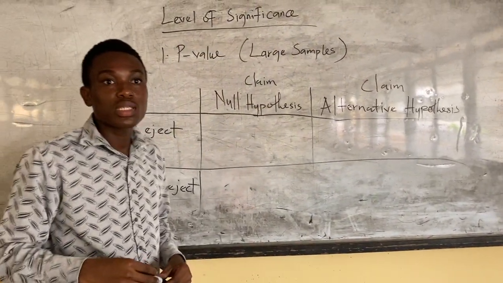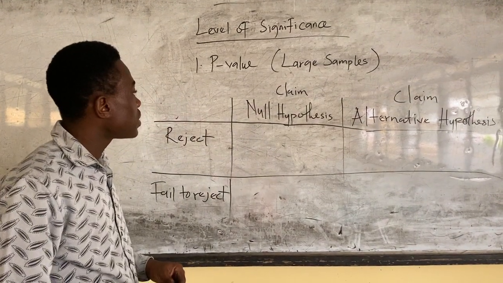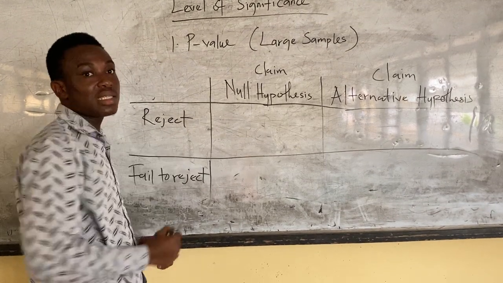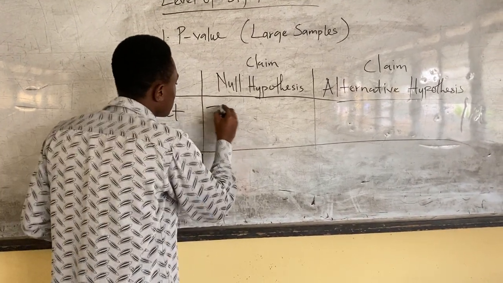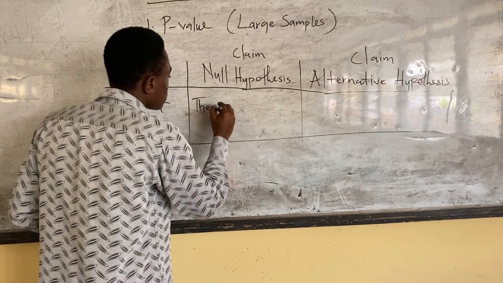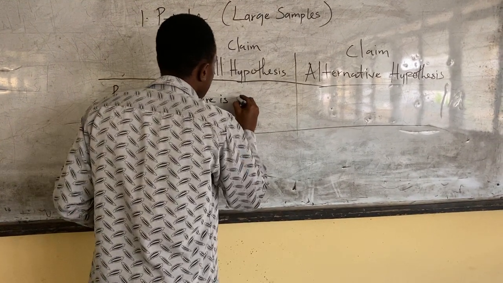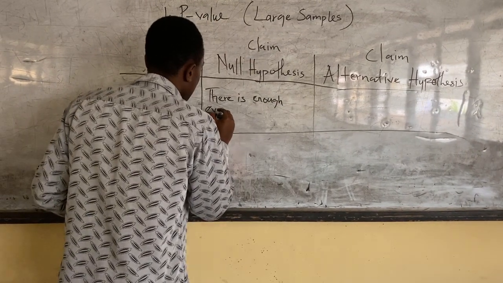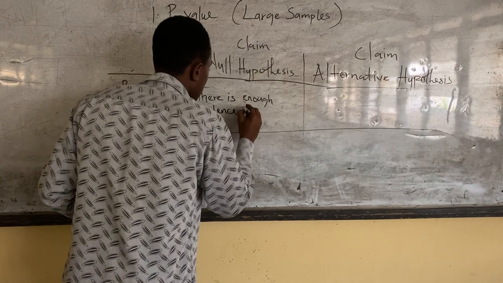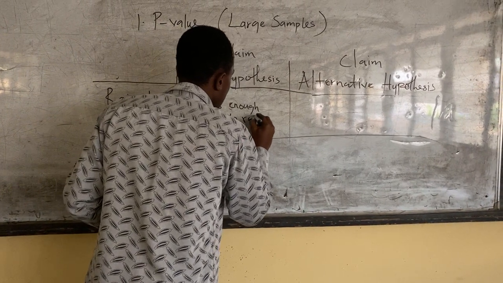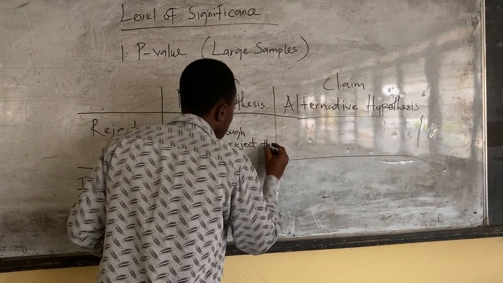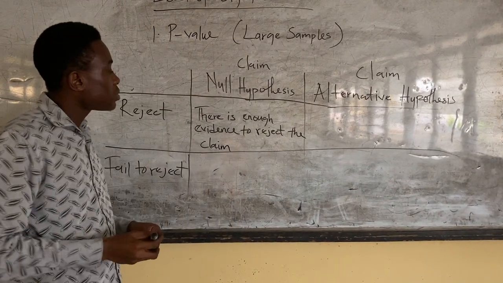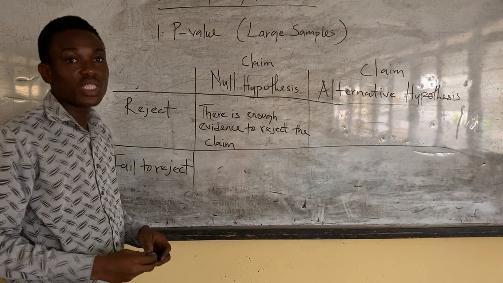So for any hypothesis question, when your claim is a null hypothesis and you are rejecting, the decision rule becomes there is enough evidence to reject the claim.